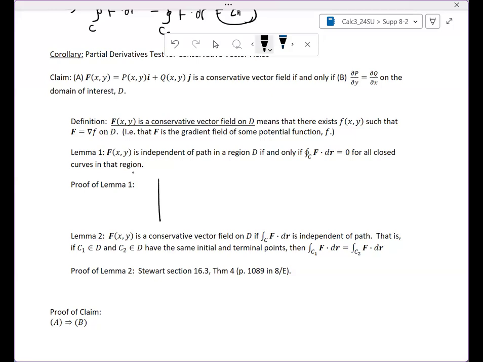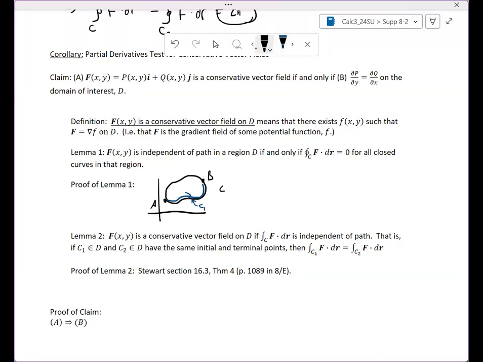Okay, so this is kind of a geometric proof. We consider a closed curve C, and we consider 2 points, let's call them A and B, on C. And I note that I can break C into a C1 here.